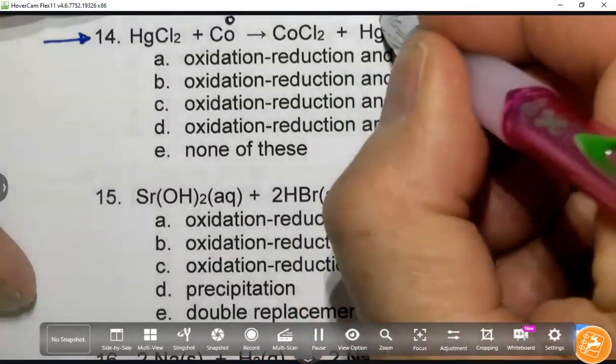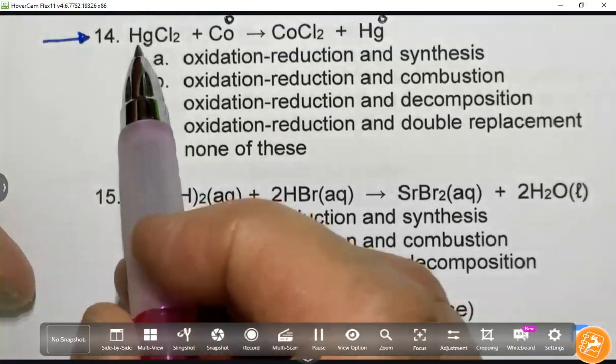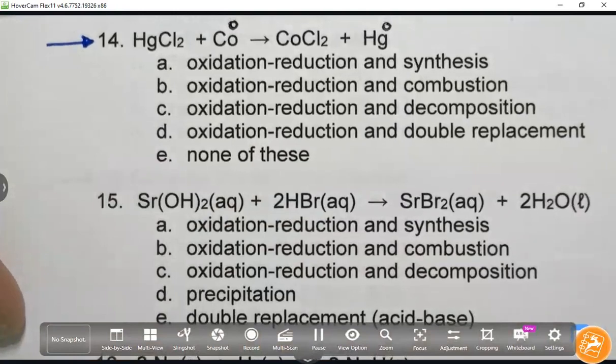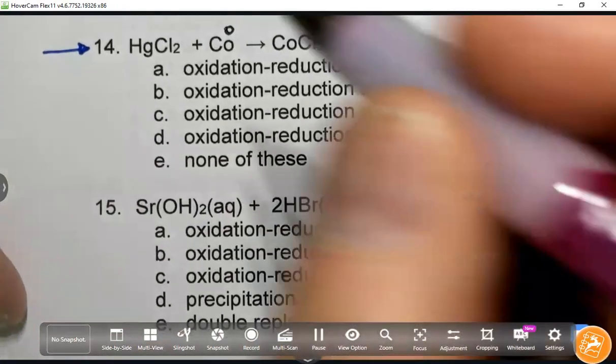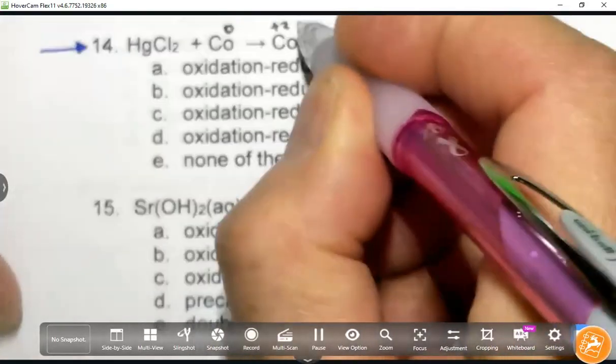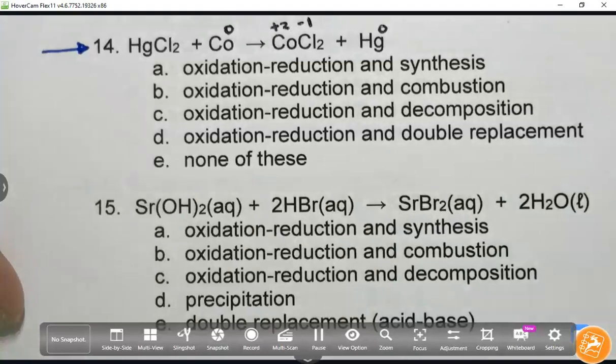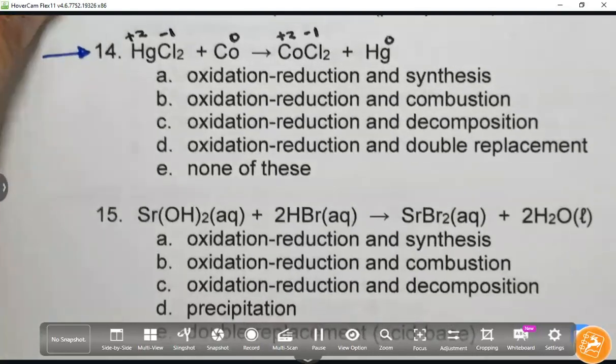You've got silver here by itself, a 0 charge, and here it's in a compound. So for sure, this is oxidation reduction, without a doubt. So then the charges are +2 and -1 there, and +2 and -1 there, if you want those oxidation states.